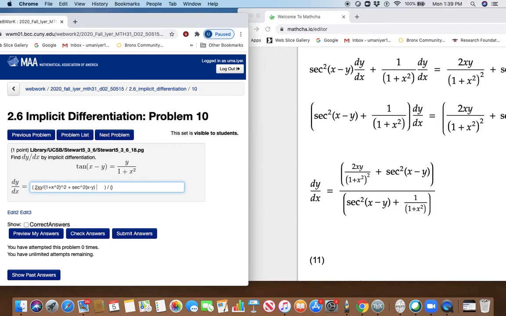That's the numerator. Denominator: secant to the power 2 of x minus y plus 1 over 1 plus x squared in parentheses.